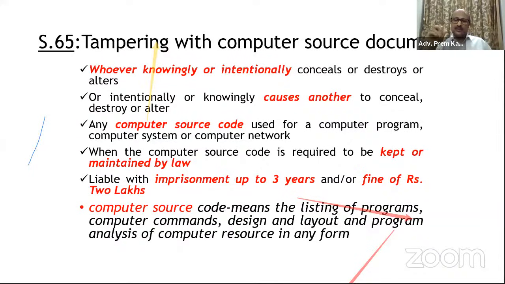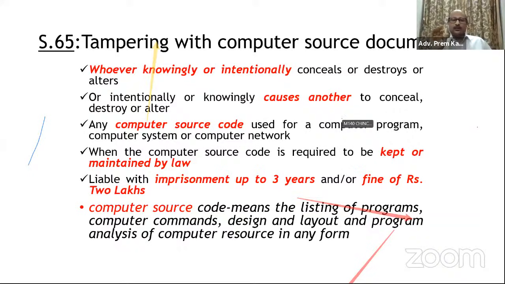Now, what is the source code? It's nothing but the programs by which a particular web page or document has been created. So tampering with such a source document has been made a crime within the act.